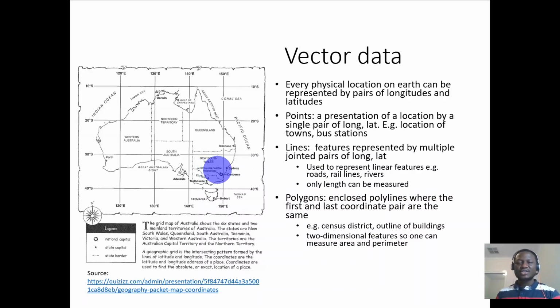Now, such features or such data can be used to represent census districts, the outlines of buildings, or the outlines of countries. So, for example, you can have the representation of Australia, and that would be a polygon. So now let's move straight to QGIS.